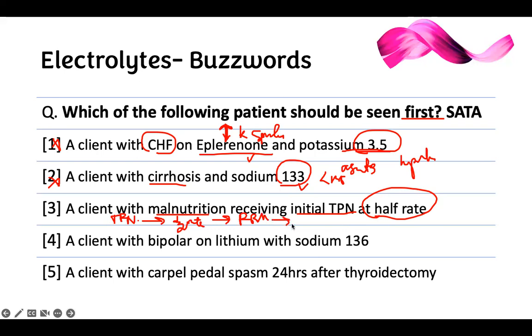Their phosphate goes down, their potassium goes down, their magnesium goes down. This is a lethal problem. And it's sad, a patient who is malnourished, you try to feed them and then you kill them. It's because you're giving them full diet.